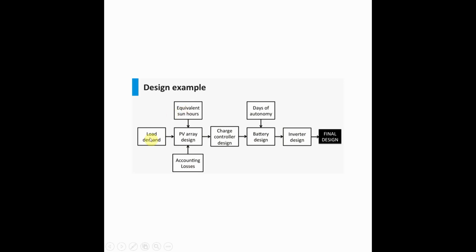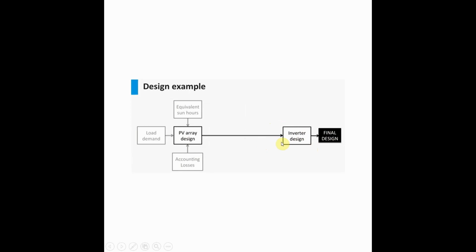After deciding these three factors, we decide the PV array design, then the charge controller, and then the battery design and the days of autonomy, which means how many days the battery can provide backup. Then we decide the inverter design, and this is the final stage.